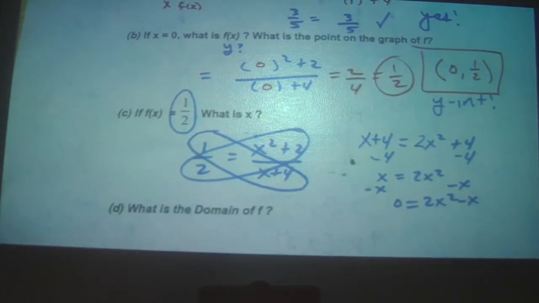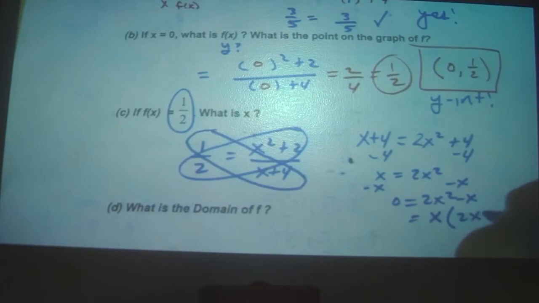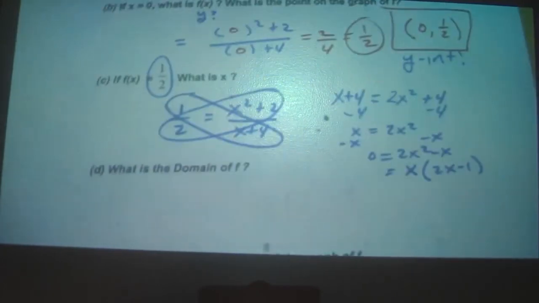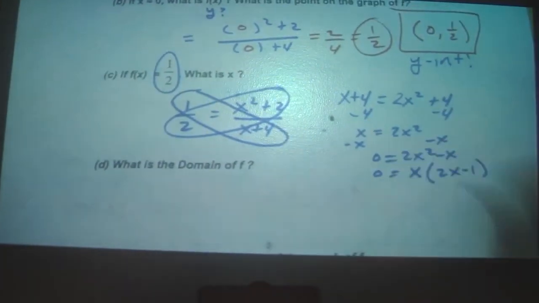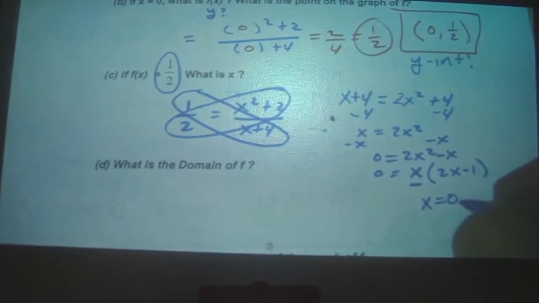Yeah, the GCF. When you look for the GCF, in this case, I can take an x out. That leaves me with 2x minus 1. You can set each one of these equal to 0. You get x equals 0 for that one. And then for this one, if you need to, set it equal to 0 off to the side. Add 1. 2x equals 1.